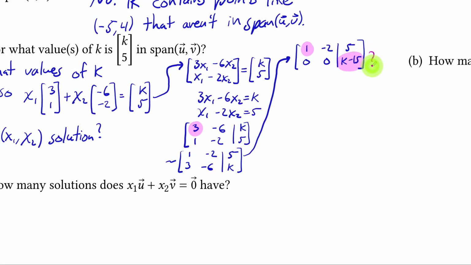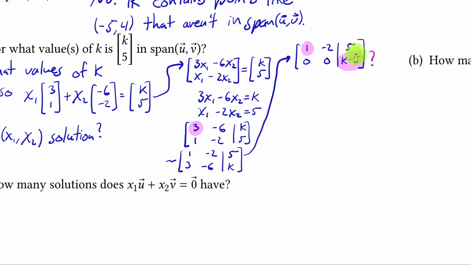It depends on what k is, right? If this entry here, k minus 15, is not 0, then we have a 0 equals non-zero equation. That means we have a pivot position in the rightmost column, and the theorem says that makes the system inconsistent. So let's write that out.